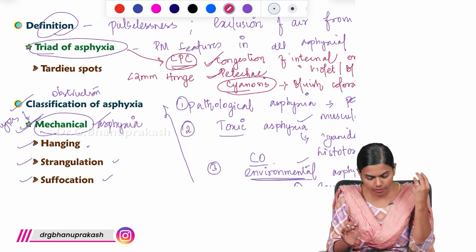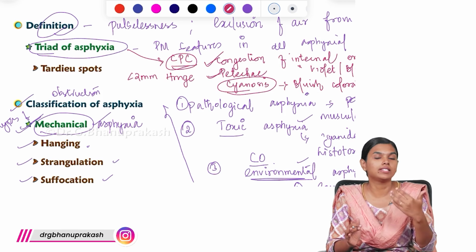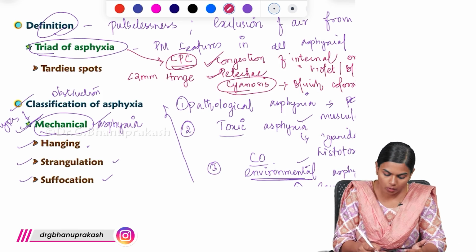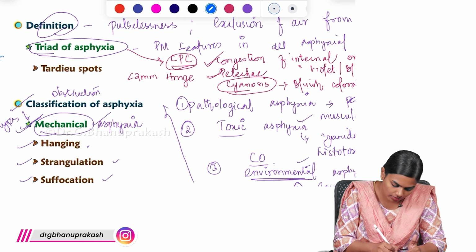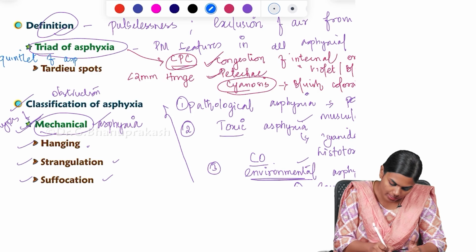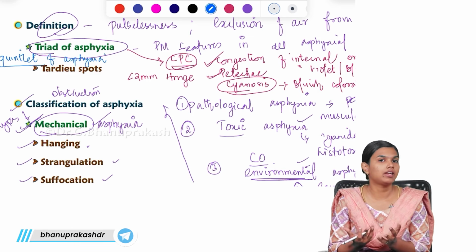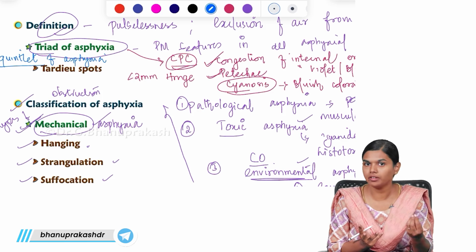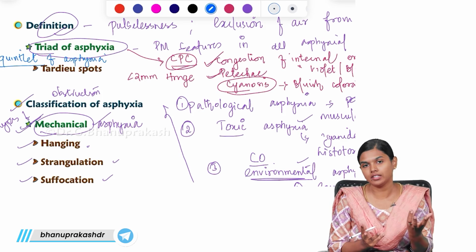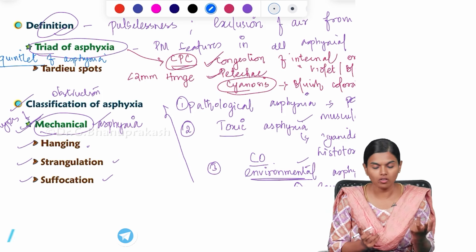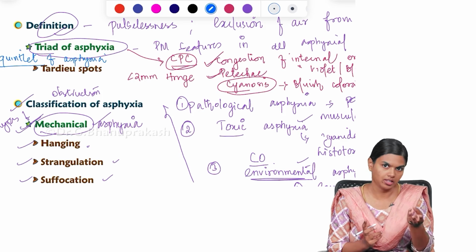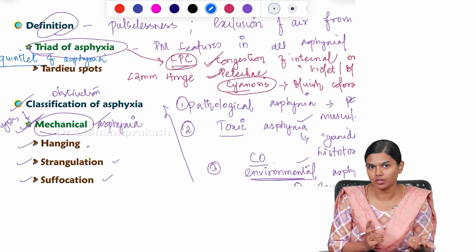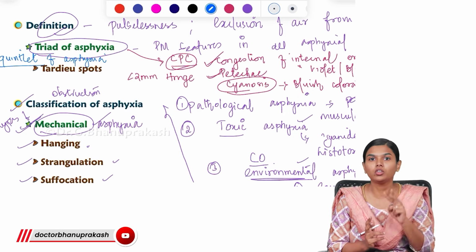Apart from these three, if you want to go a step ahead, there is something known as the quintet of asphyxia. What do we mean by quintet of asphyxia? Triad means 3, quintet means 5. There will be 5 features seen in this asphyxial death. We have already seen these 3, CPC: congestion, petechiae and cyanosis. Apart from that, you get 2 more features.